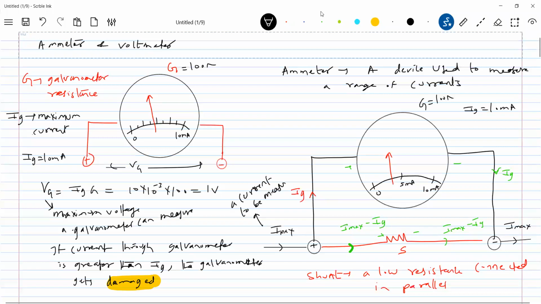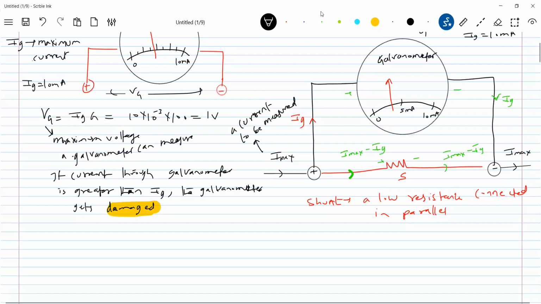What is our goal? We have to measure this Imax. For that, I'm connecting a low resistance in parallel with the galvanometer, and this is the galvanometer. As good as it is, there are two parallel circuits, and we are sending current Imax.